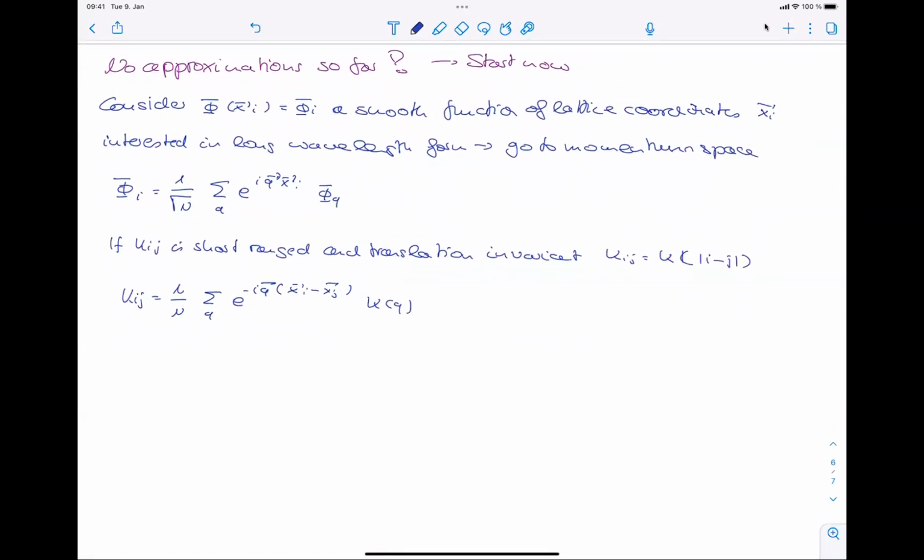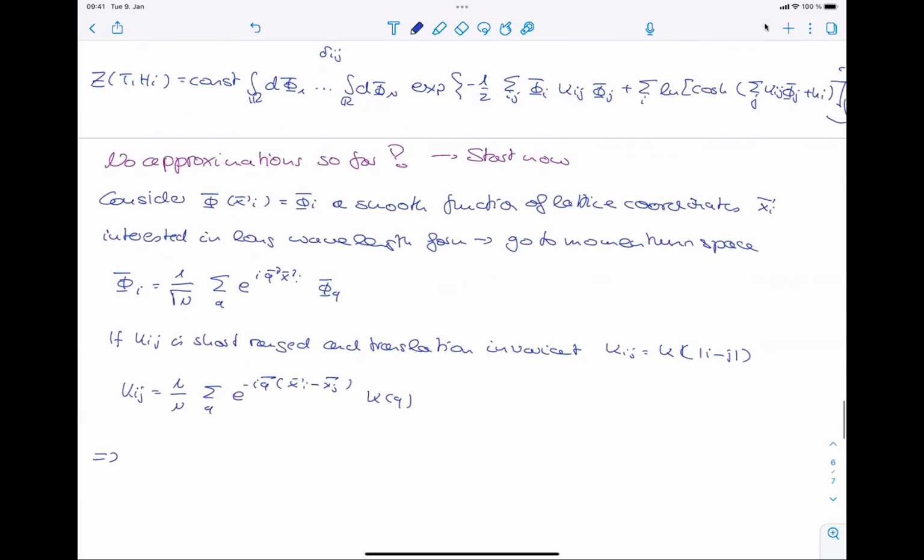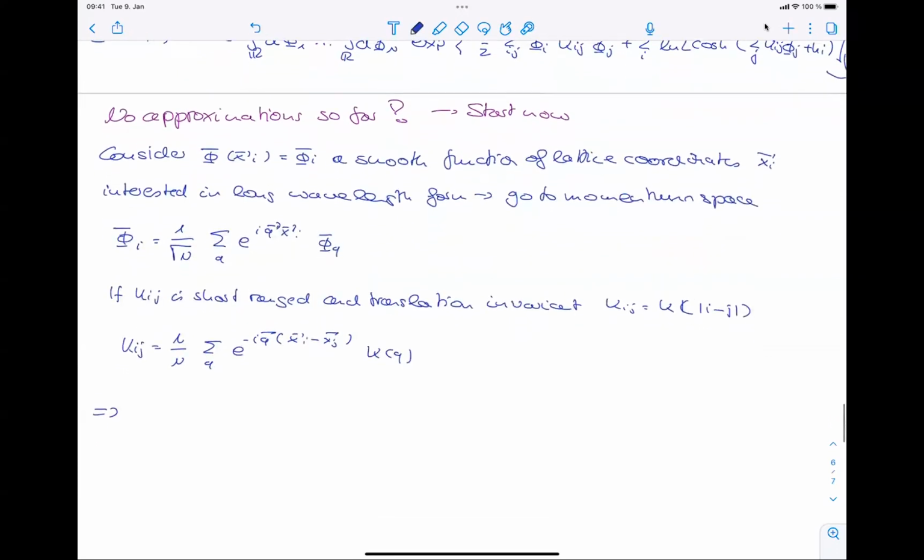And so with these two definitions, my term sum of phi_i K_ij phi_j, note these exponential functions cancel, can be written as phi_q K(q) phi_{minus q}.